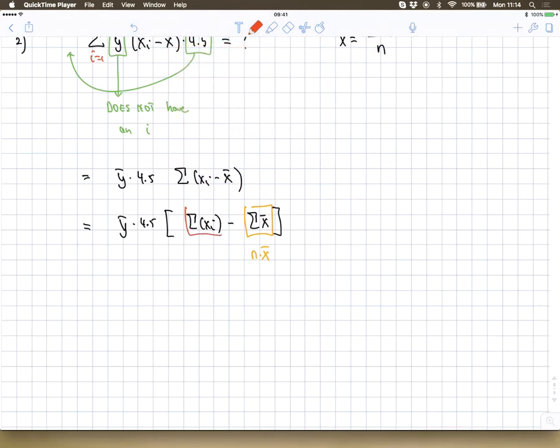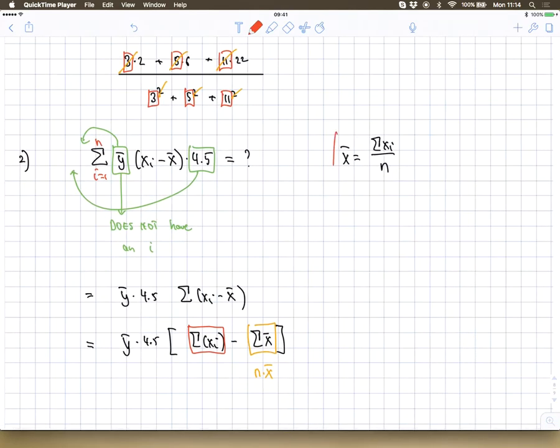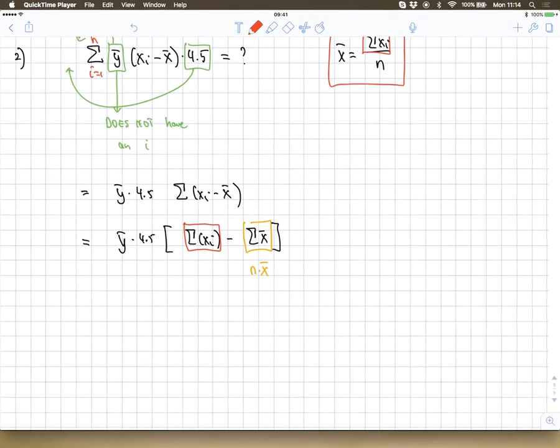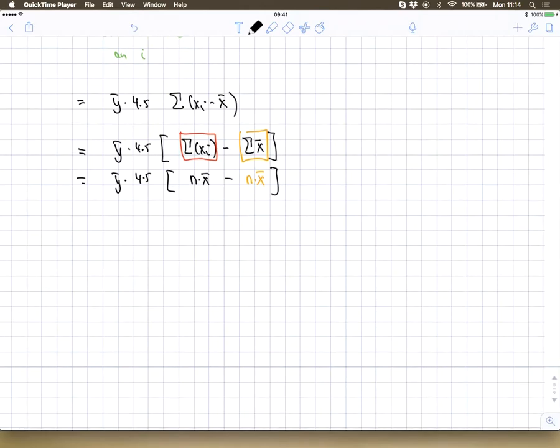How could you rewrite sum of xi as a function of x bar? x bar times n, right? Why? Look at this formula. If I just want this part here, I just multiply both sides by n. So this bit here is also n times x bar minus y bar times 4.5. But what do you know about this expression here?